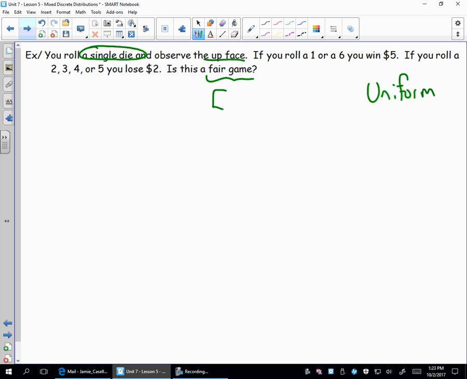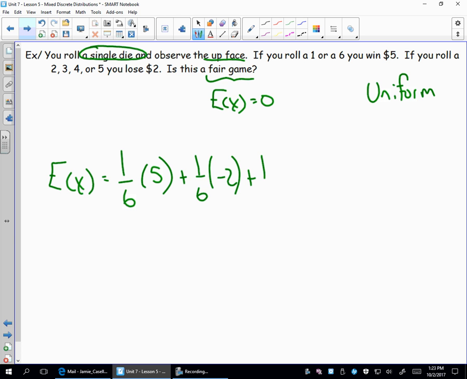Well, we know based on past experience, fair means expected value is 0. Equal chance of winning or losing. So let's calculate that. Okay, I have a 1/6 chance of rolling a 1, and if I do, I get $5. If I roll a 2, however, I'm going to lose some money. I'm going to lose 2. A 3, I lose 2. A 4, I lose 2.